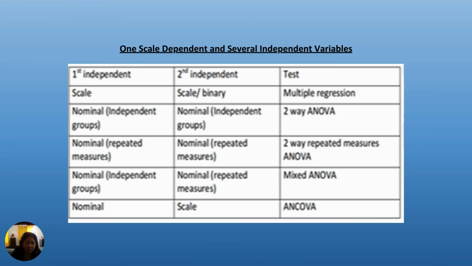For a study that involves one scale dependent again, and the first independent variable comes with nominal data, but the second independent variable comes with scale data, then we use the test ANCOVA. Okay, so yeah.